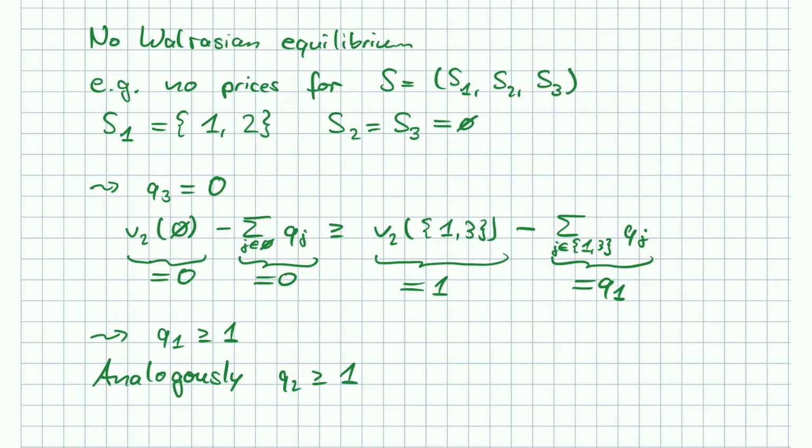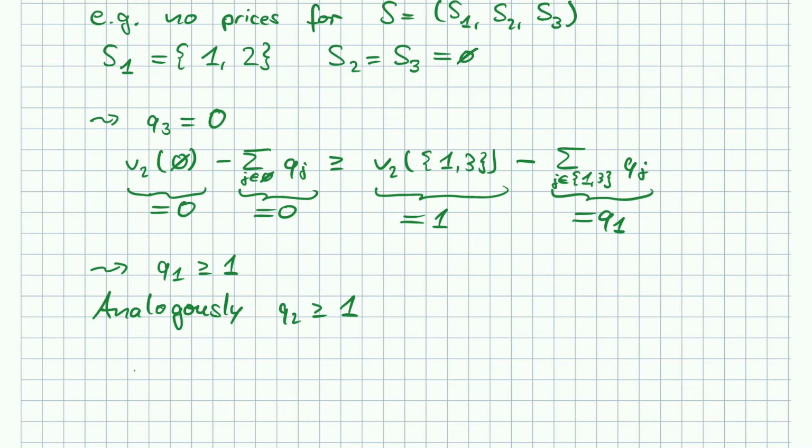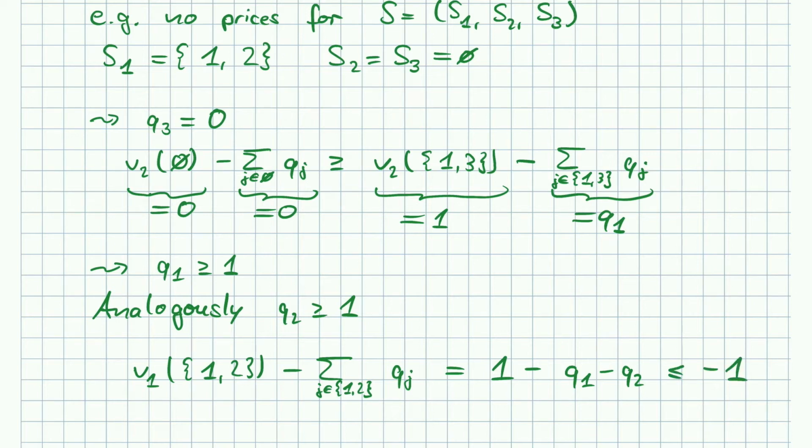But this now means that player 1 will be unhappy, because if we now give items 1 and 2 to this player, the value minus the sum of the prices, which is Q1 plus Q2, will be negative.